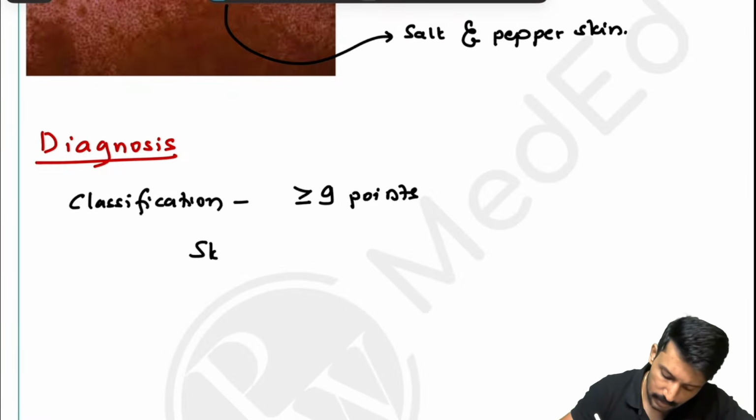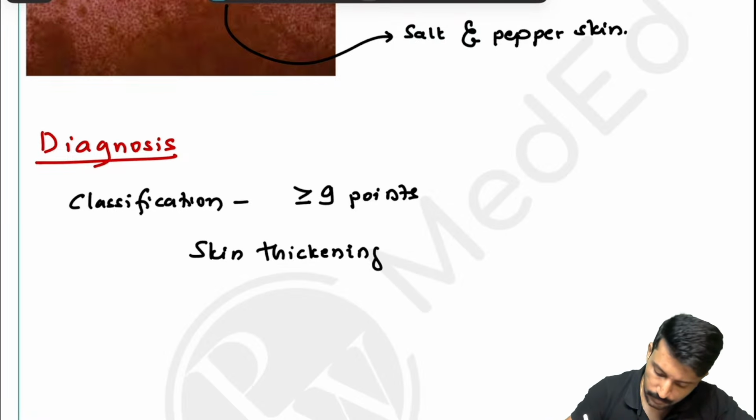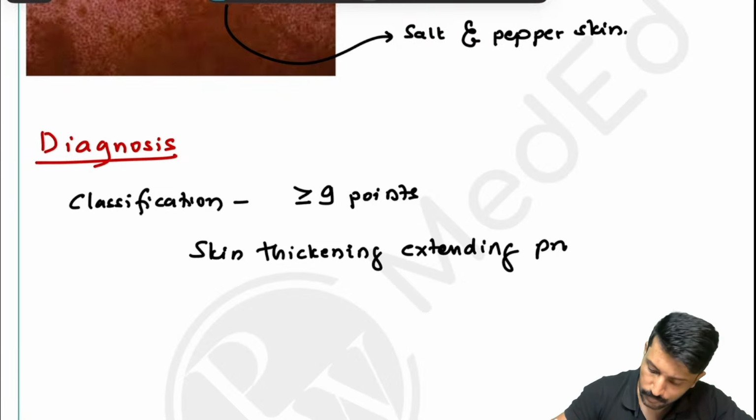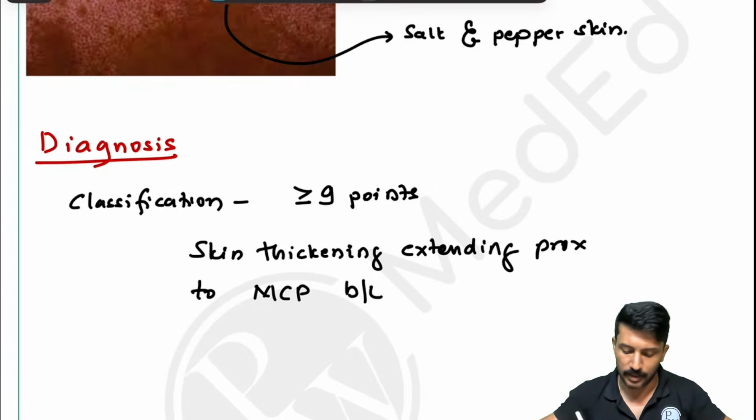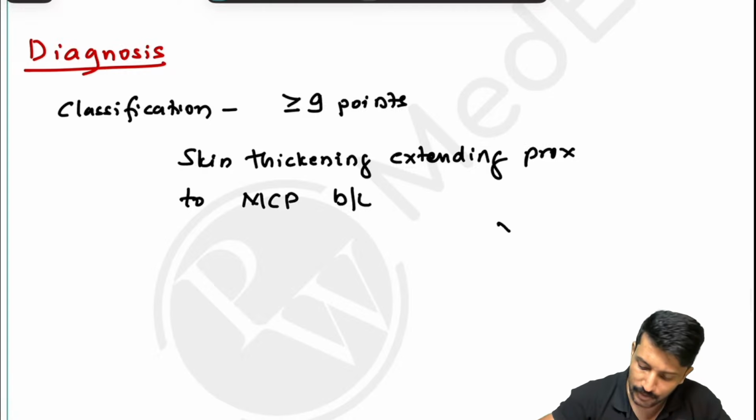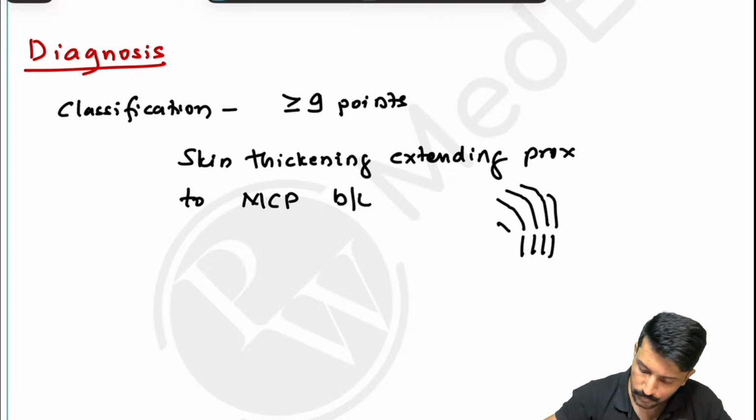So if there is skin thickening extending proximal to the metacarpophalangeal joints bilaterally, means both, like if I look at the hands of this individual, you will have these metacarpophalangeal joints, right?